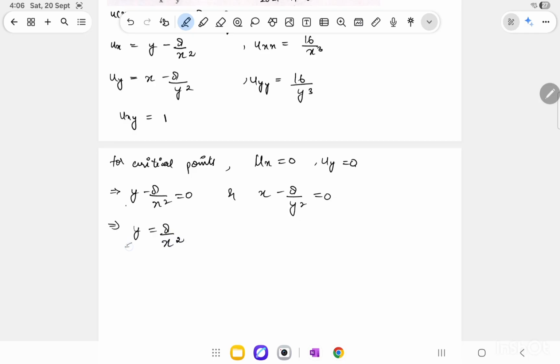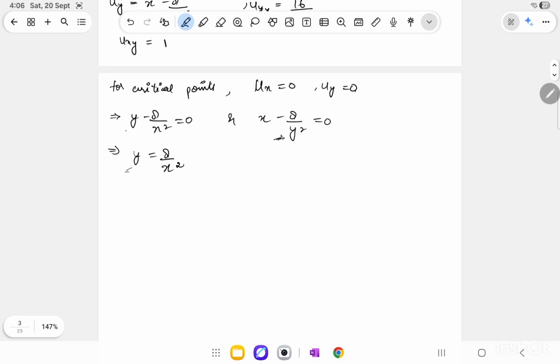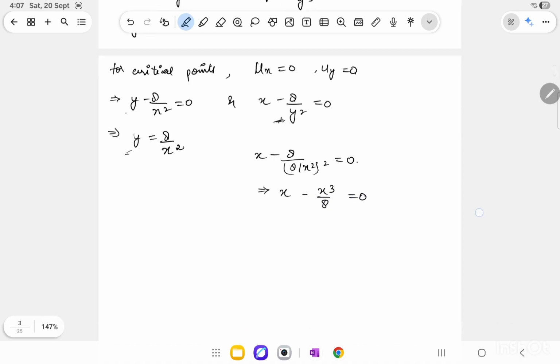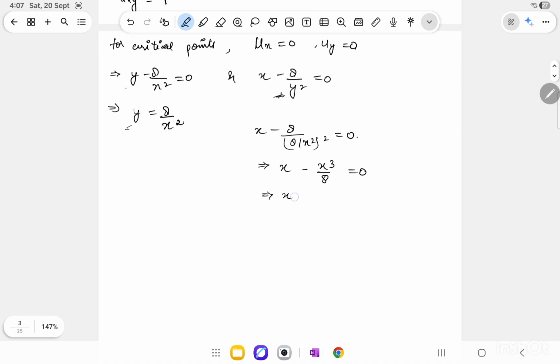Now I can use this value of y in the other equation. That gives me x minus (8 by x square) whole square equals 0. So from here I get x minus x to the power 4 by 64 equals 0, which gives x equals 0, or x cube equals 8. That is basically x equals 2.